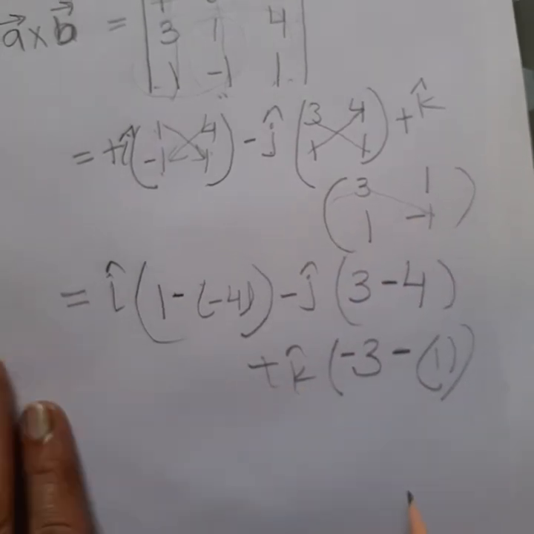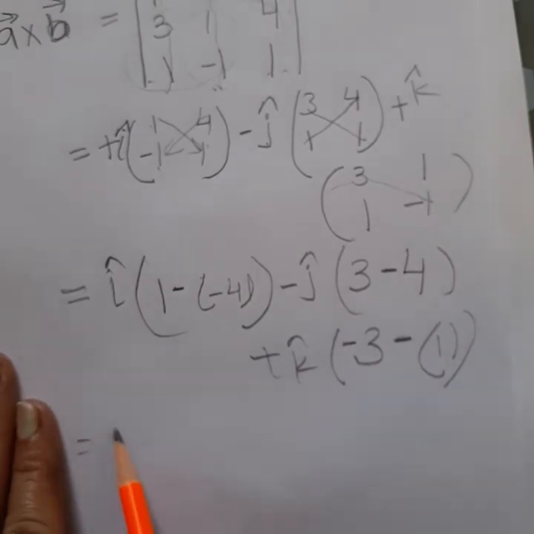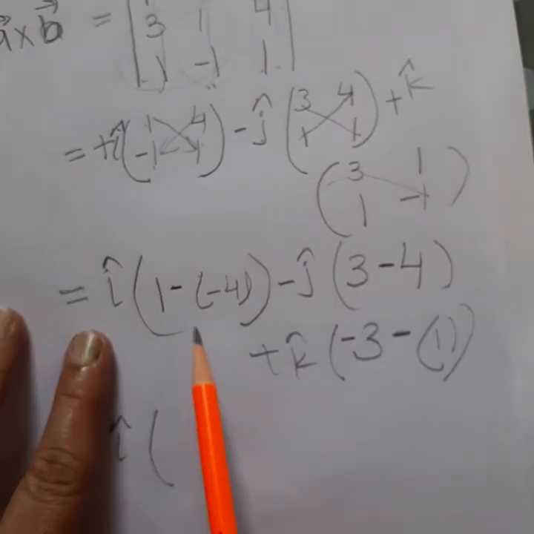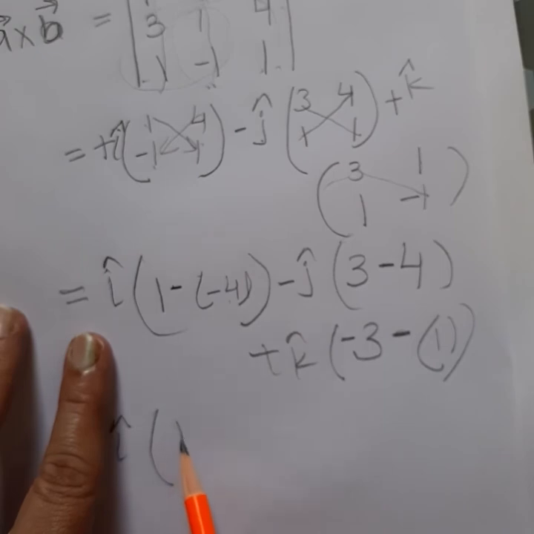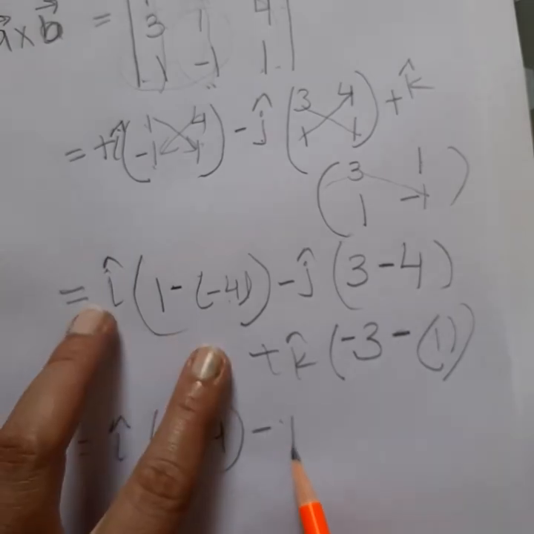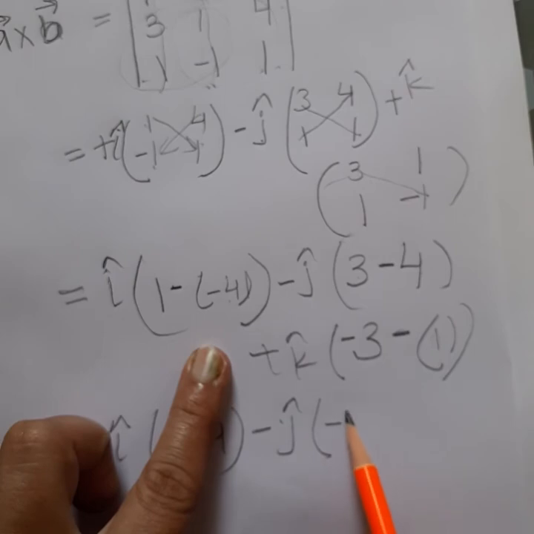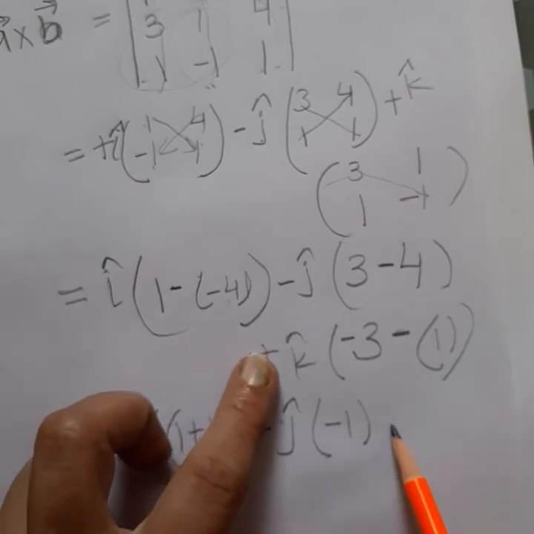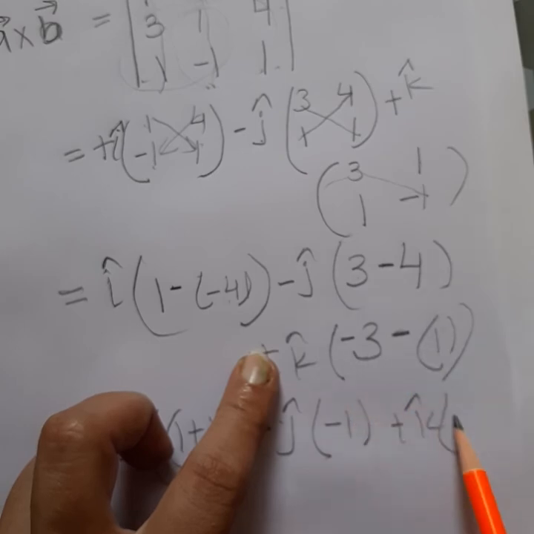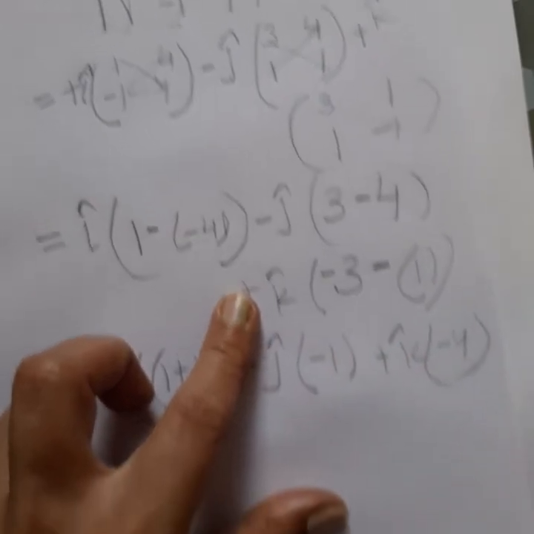After that you write here i, and minus minus is plus, then we write here 1 plus 4. After that you write here j, and 3 minus 4 is -1. After that you write here k, and -3 and -1 is -4.